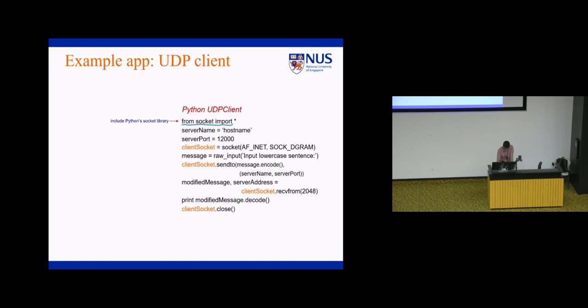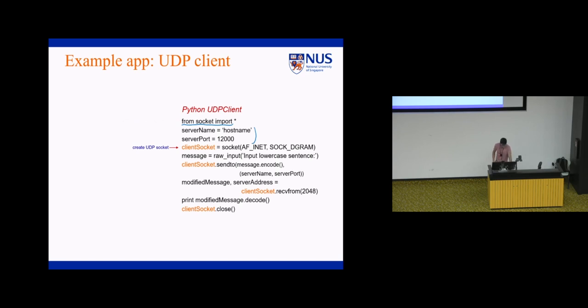And we are indicating the server name and the server port. Again, if you write an IP address in the server name field, that's fine. If you write a host name, a website name like www.nus.edu, then it will incur a query to DNS servers, and it will be resolved to an IP.